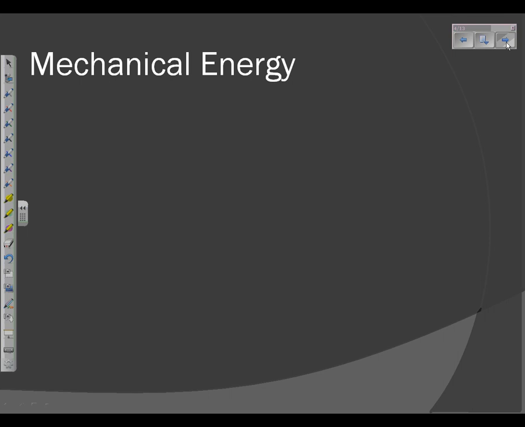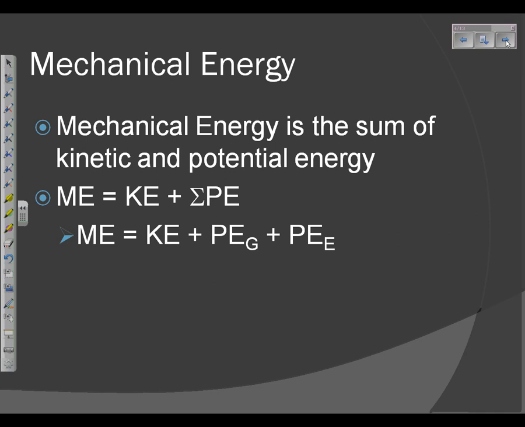So we said mechanical energy concerns us with what about objects? Kinetic and potential are what makes up mechanical energy. We said mechanical energy deals with motion and position, or location.